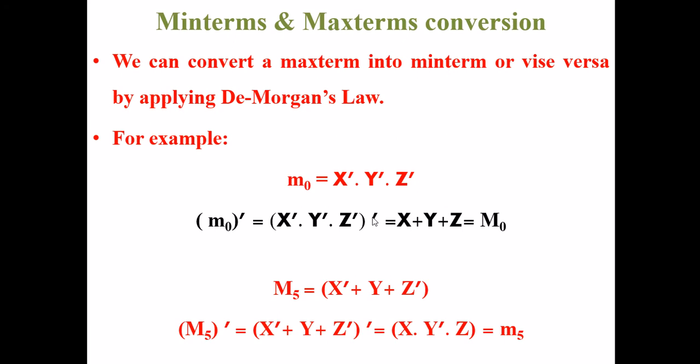If you apply complement, then the variables with complement will be without complement, and the multiplication operator will be replaced with the addition operator. So you will get x plus y plus z, that is m0 for the case of max term.